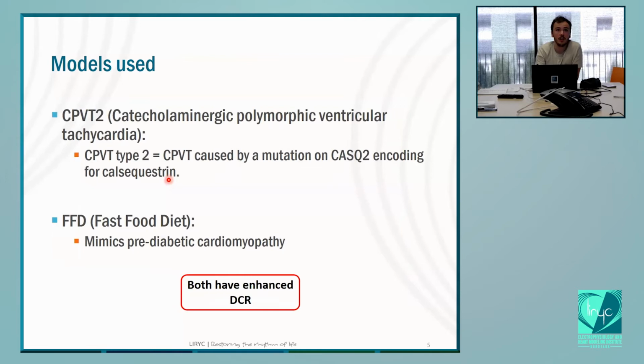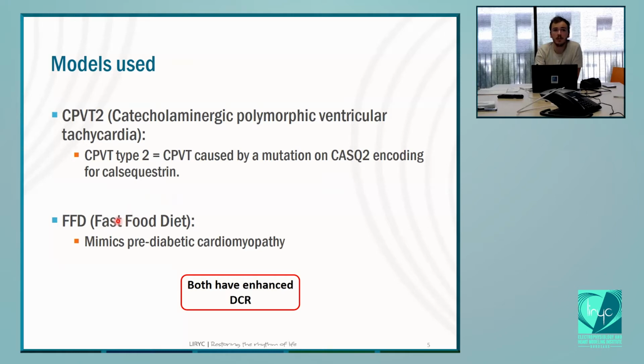The CPVT type 2 is called type 2 because it's a mutation on the CASQ2 gene, which encodes calsequestrin, a protein binding calcium in the SR. When this protein is mutated, the calcium is not bound anymore in the SR, which triggers some DCR.